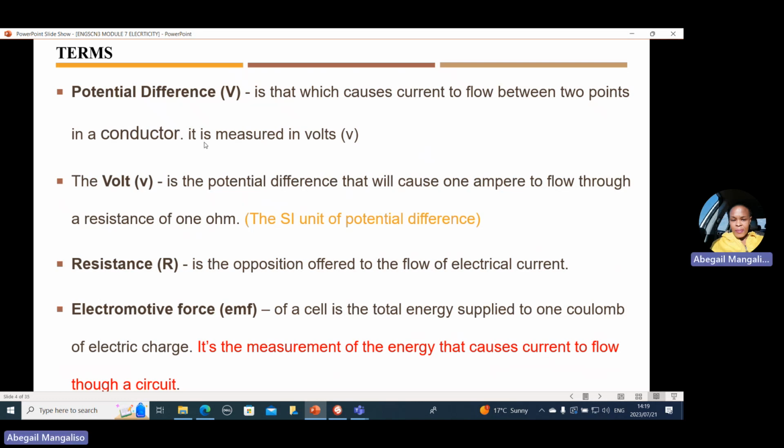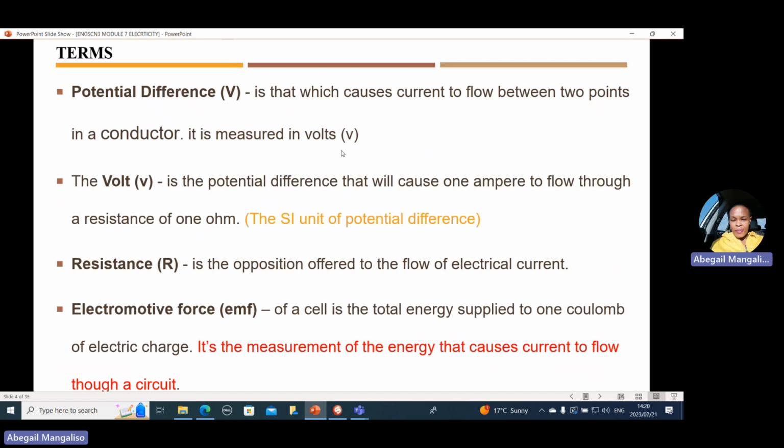The first one is a potential difference. The symbol that is used to calculate the potential difference is V. It is defined as that which causes current to flow between the 2 points in a conductor. The SI unit of a potential difference is volt, which has a symbol V. So potential difference unit is a volt.